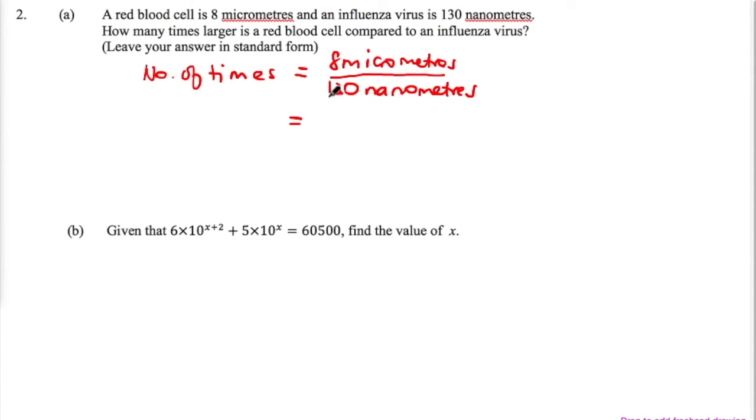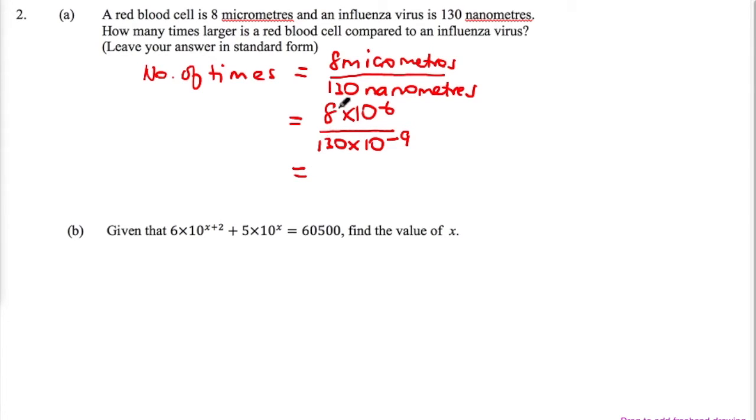We convert both to meters. 8 micrometer is 8 times 10 to the power of negative 6 meters. And 130 nanometers is 130 multiplied by 10 to the power of negative 9 meters.